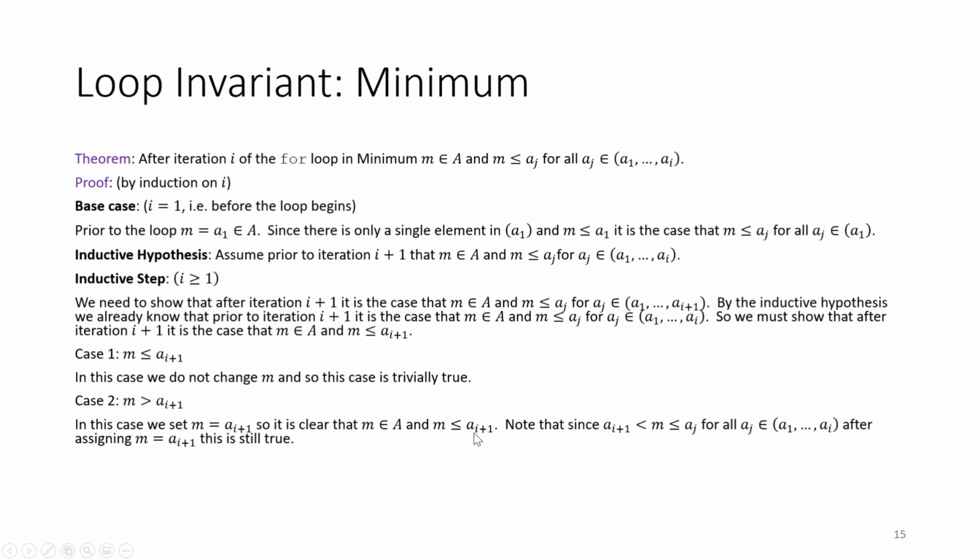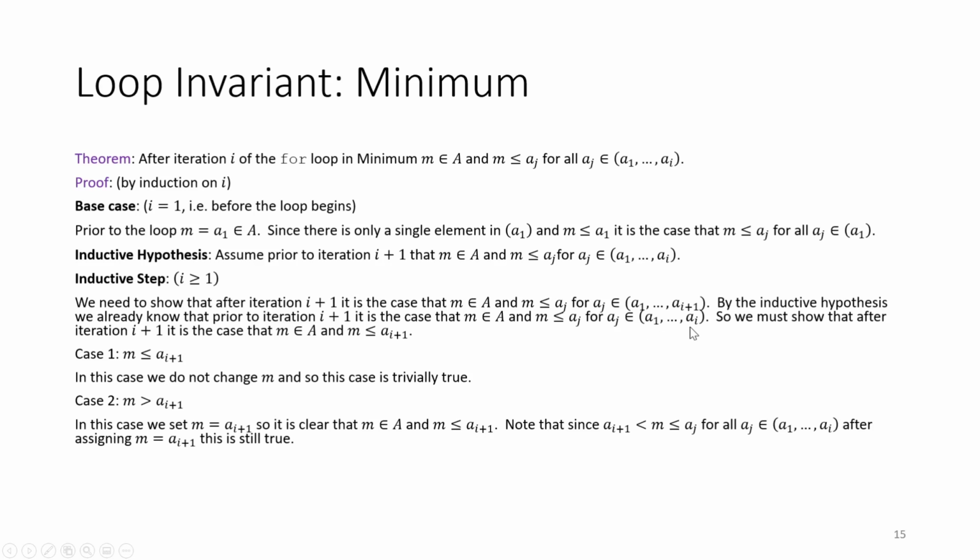Now the last thing we need to do is confirm, did we mess anything up for our other principle? Up here we said m was already less than or equal to all of the a_1 up to a_i. By changing m to the new one, a_(i+1), we at least in principle have the possibility of messing up this as well.